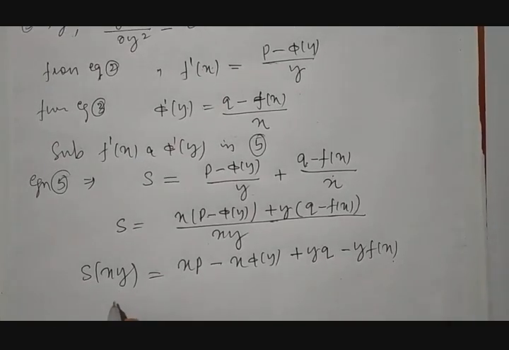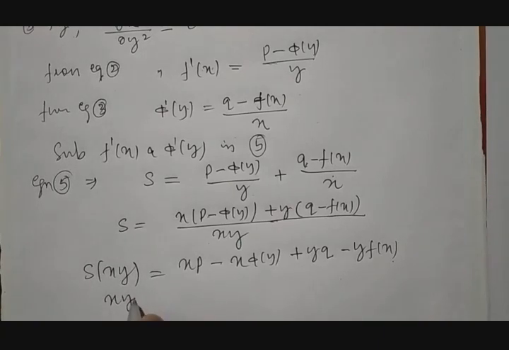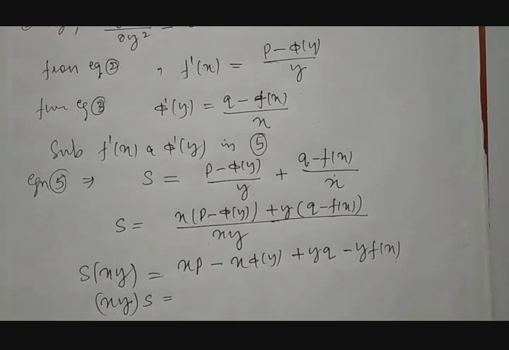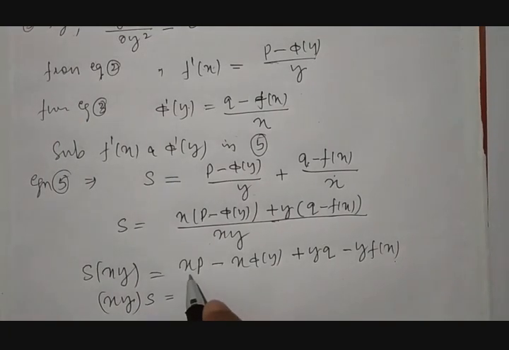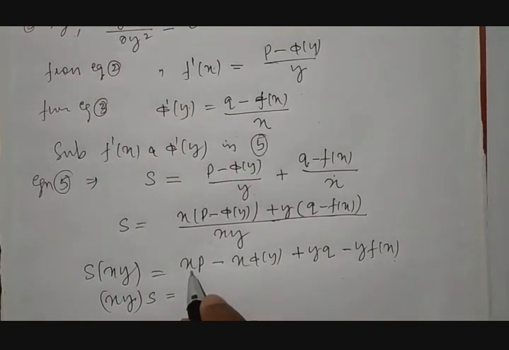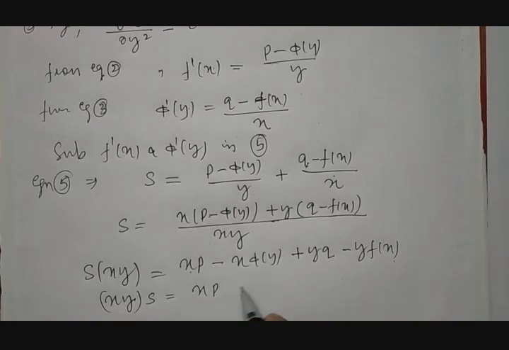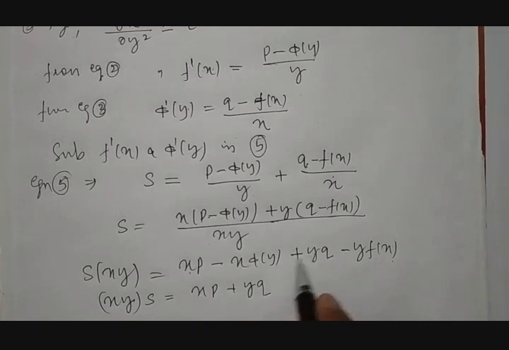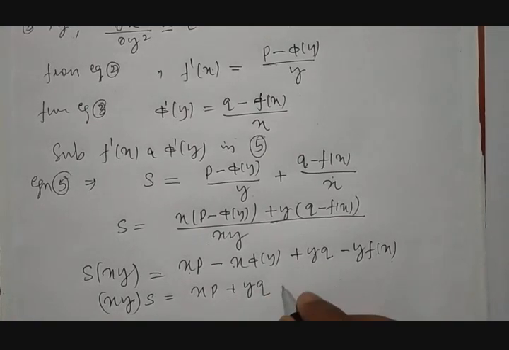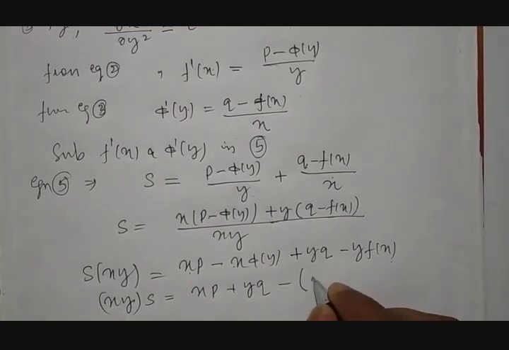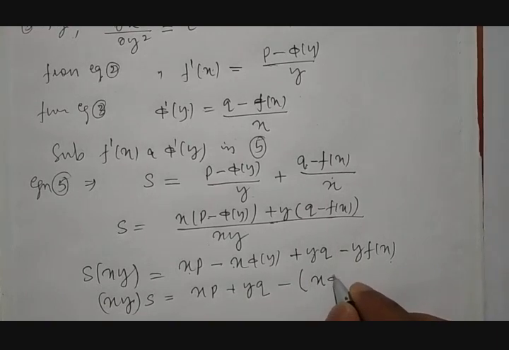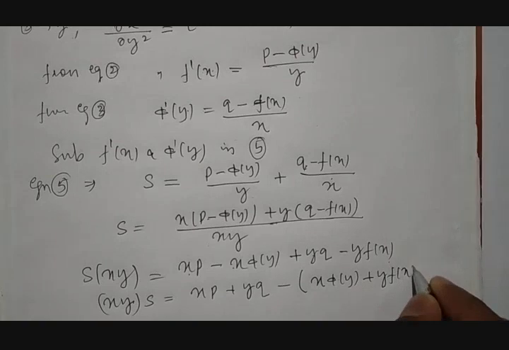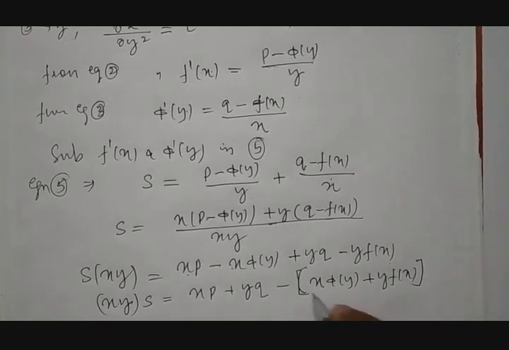Therefore, xy into s is equal to x into p plus y into q, I'll take first. Then minus of this, so we take minus common. Then it becomes x into pi of y plus y into f of x. This is the bracket now.